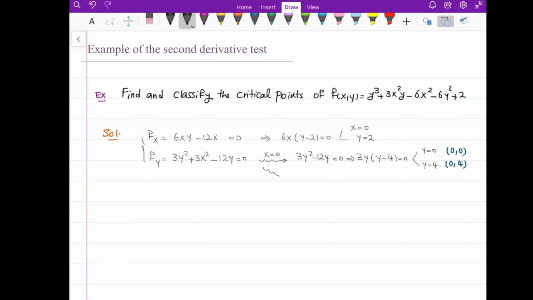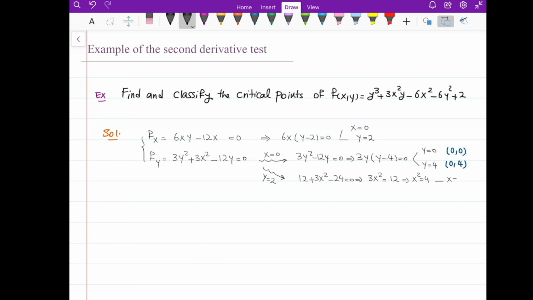Then I'm gonna plug y equals 2 into the second equation, and then I get 12 plus 3x squared minus 24 equals 0, which means that 3x squared equals 12. So x squared equals 4.